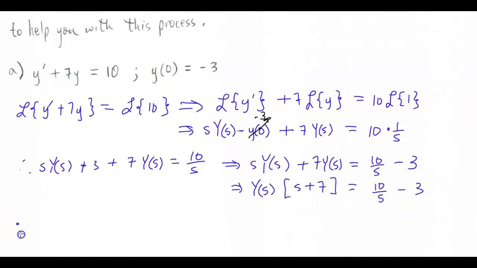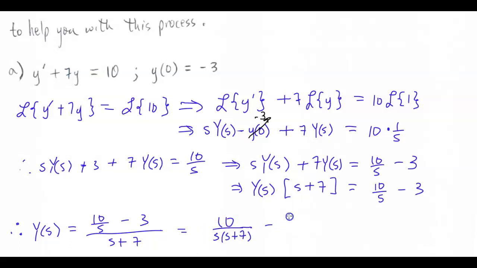And so now if I divide both sides by s plus 7, then I'll essentially just have 10 over s minus 3, all that over s plus 7. And that ends up being 10 over s times s plus 7 minus 3 over s plus 7.